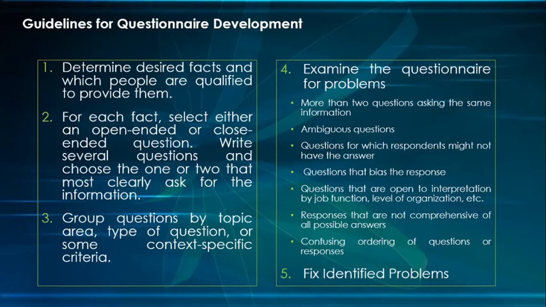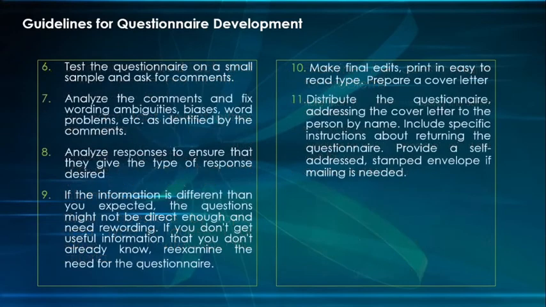Responses that are not comprehensive of all possible answers, and confusing ordering of questions or responses. If you identify those errors, you either fix them or remove them from the questionnaire.